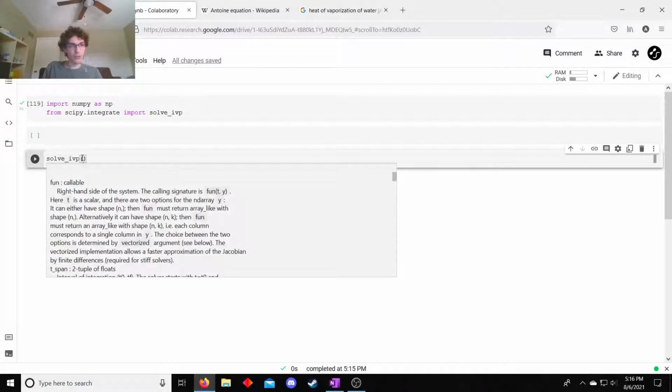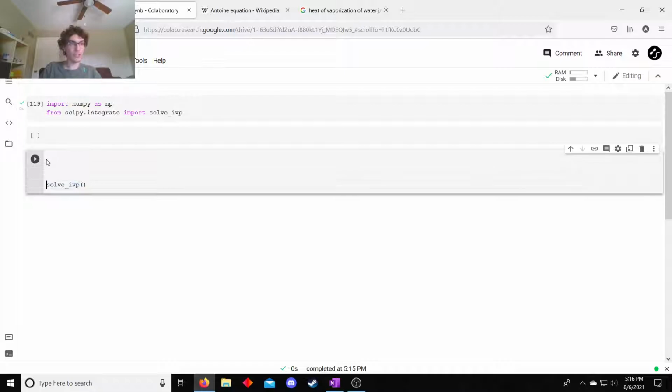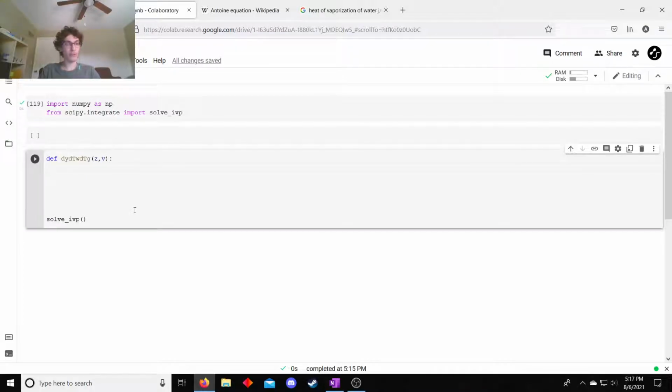Okay, so we're actually going to need to make our function. I'm going to call this dy dTw dTg because those are the three differential equations we're trying to solve. This will take in our independent variable z, and we will make an array of dependent variables, and we'll call it v.